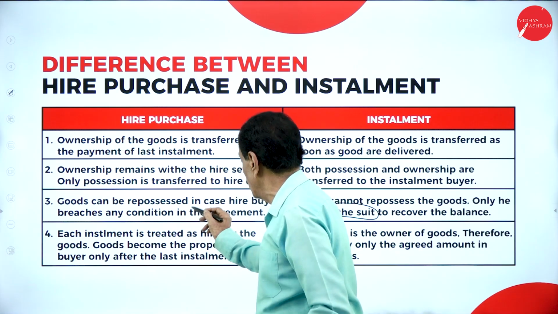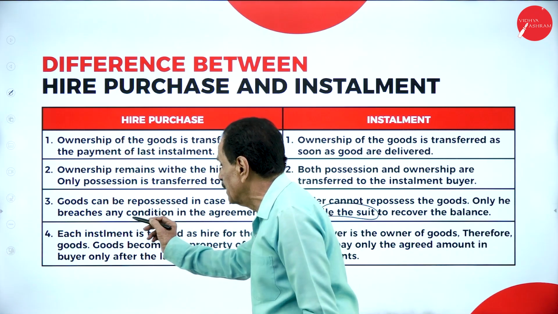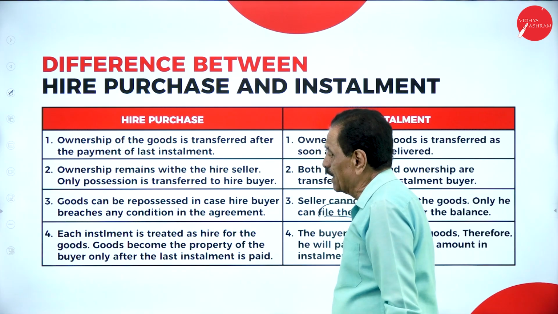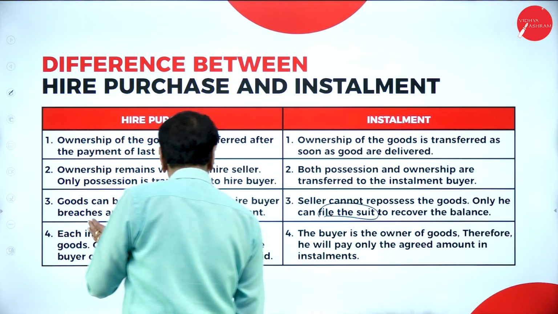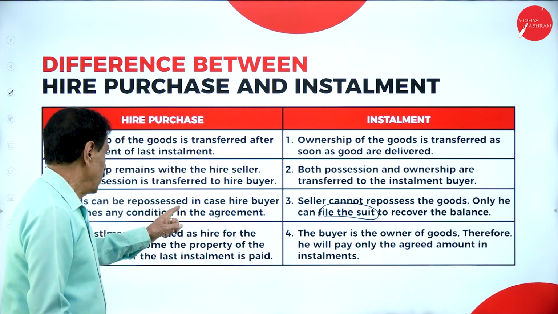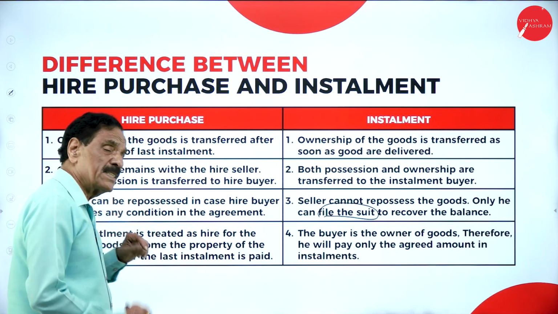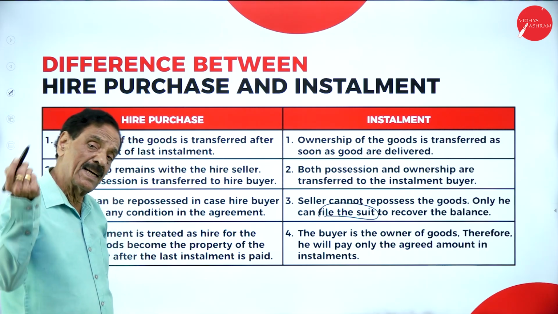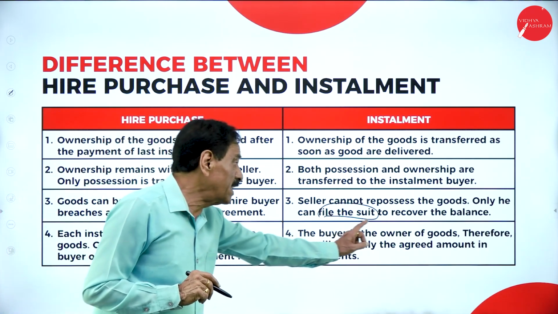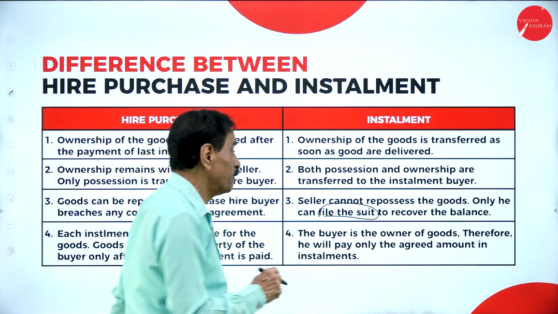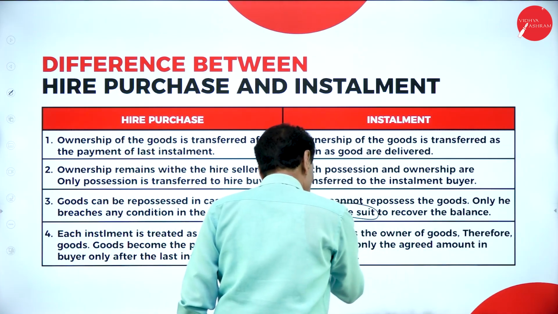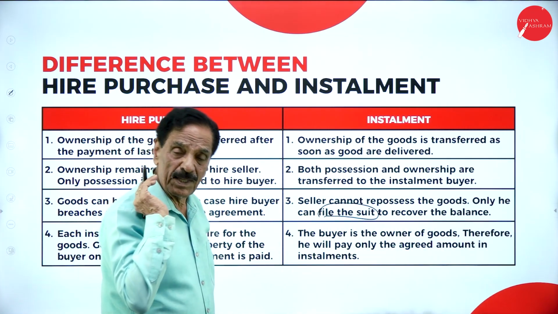Goods can be repossessed if the hire buyer breaches any condition in the agreement. The hire seller can take back the goods. In installment sale, the seller cannot repossess the goods; he can only file a suit to recover the balance.